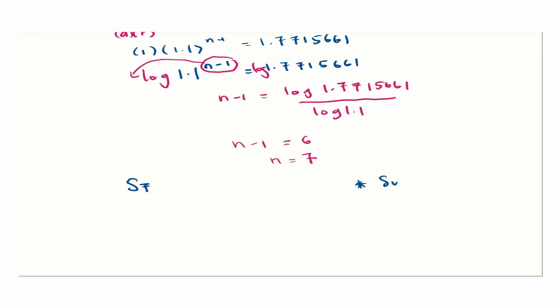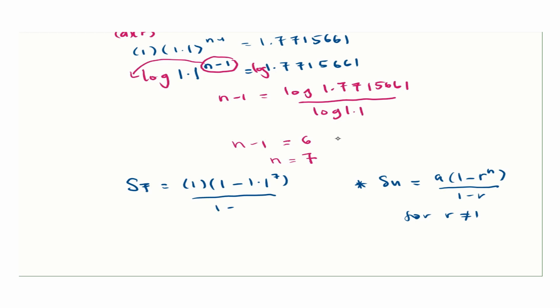We use the formula Sn, which is A multiplied by 1 minus R to the power of n divided by 1 minus R. This formula is for R not equal to 1, so we can use it for all values except 1. So S7 is equal to A is 1 multiplied by 1 minus 1.1 to the power of 7 divided by 1 minus 1.1.